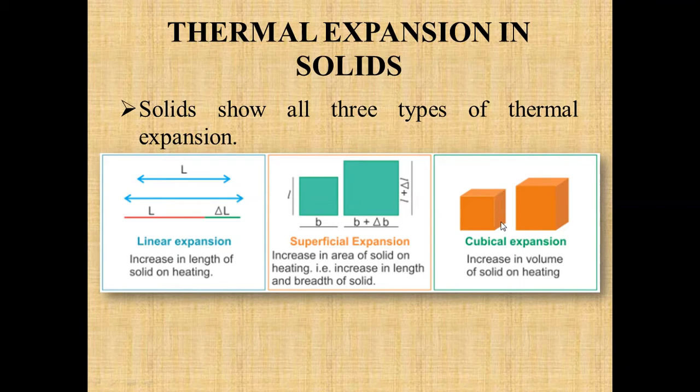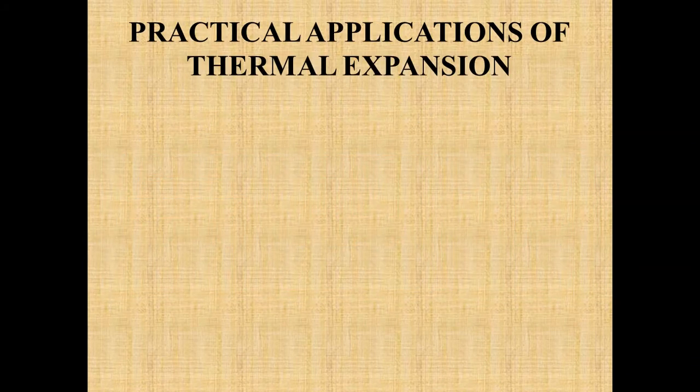So here it is showing the superficial expansion. And since on heating this edge is increasing and this horizontal edge also increases, when all the length, breadth and height increase, it shows the cubical expansion. So we can say that the solid shows all the three types of expansions.